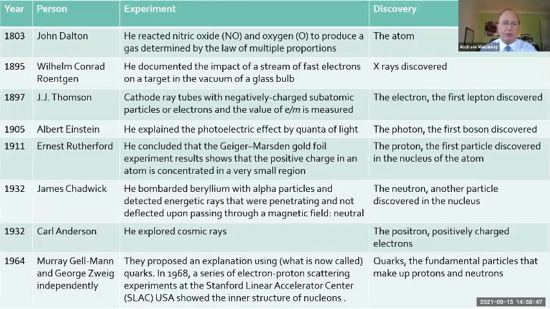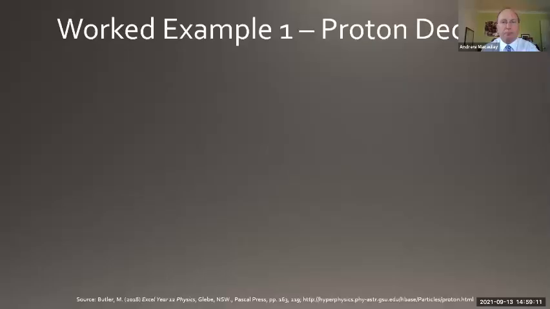So he proposed quarks, and that's what I'll call them. And in 1968, a series of electron-proton scattering experiments at SLAC, Stanford Linear Accelerator Center in the USA, showed the inner structure of nucleons. So there's a very quick overview of experiments and discoveries from fairly famous people.